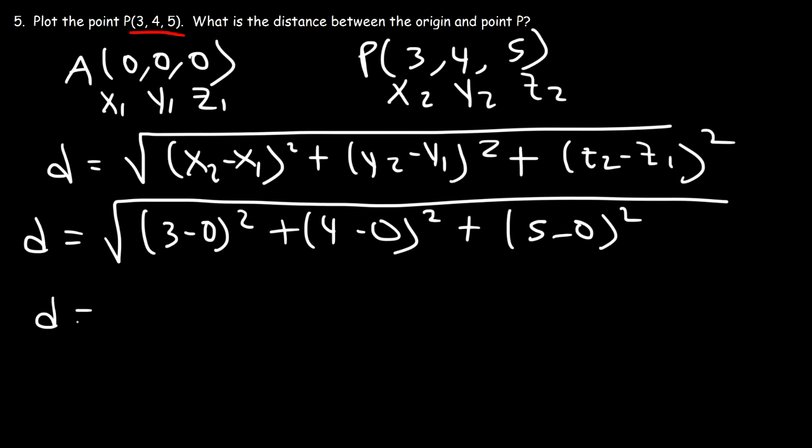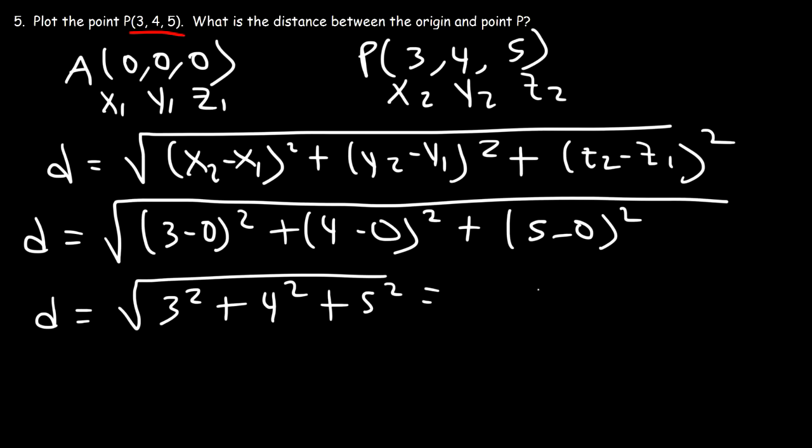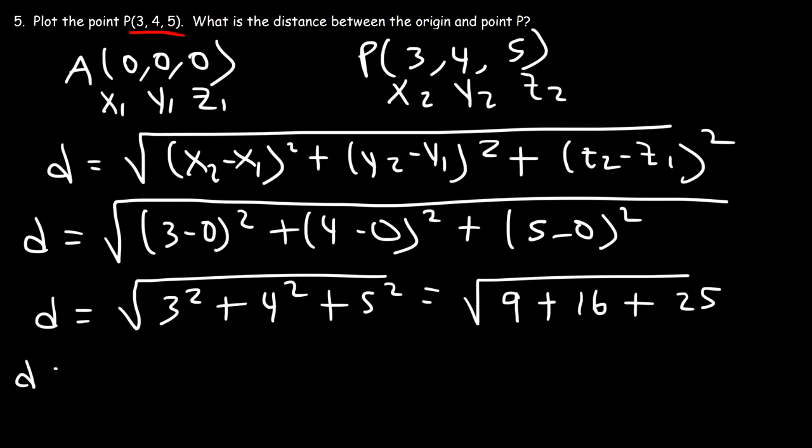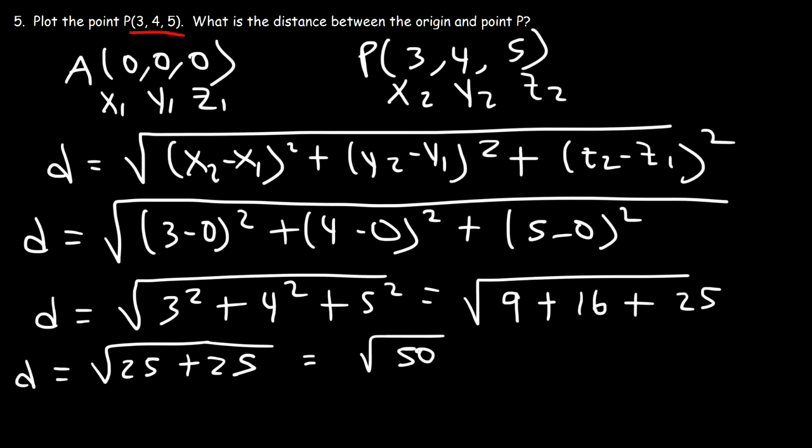So what we have is 3 squared plus 4 squared plus 5 squared. So 3 squared is 9, 4 squared is 16, 5 squared is 25. 9 plus 16 is 25. And 25 plus 25 is 50. So we need to simplify the square root of 50, which is 25 times 2.